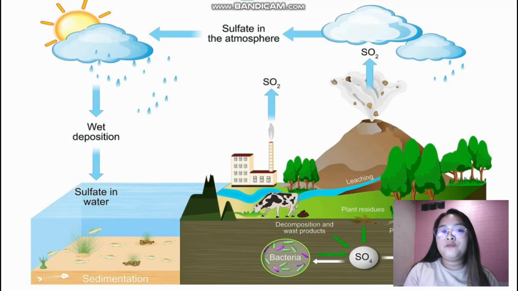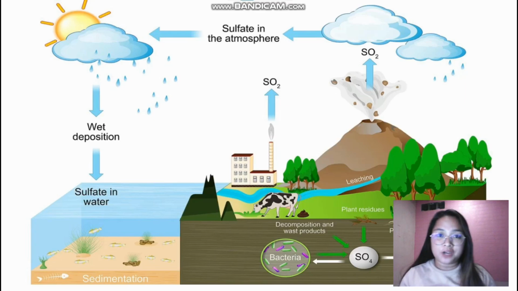Before I proceed with the next step of the cycle, I will just let you know what sulfur trioxide is, since you have encountered it in the step before me, and you will encounter it in the next process that I will be discussing in the sulfur cycle.